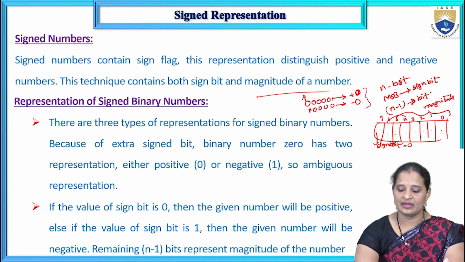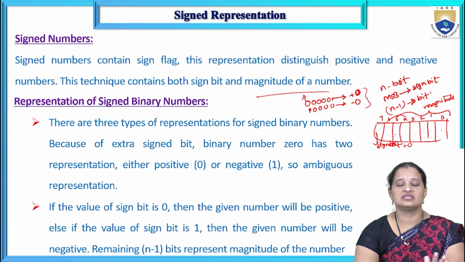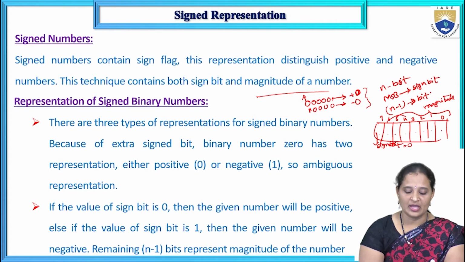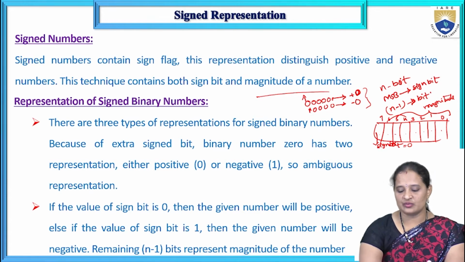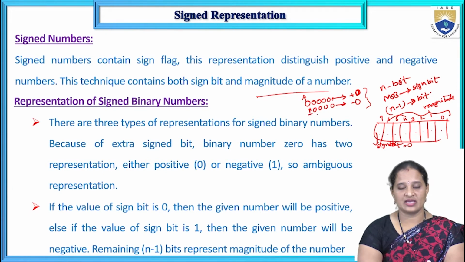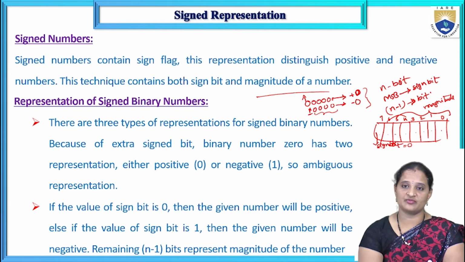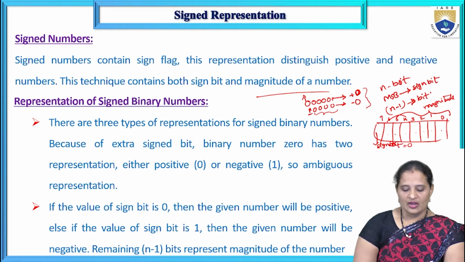So this is the limitation of sign magnitude number representation. What is that? There are two representations for 0, which leads to an ambiguous condition, and hence this representation is not that useful. And here, as I told you, the MSB is a sign bit, and the remaining n-1 bits constitute the magnitude.